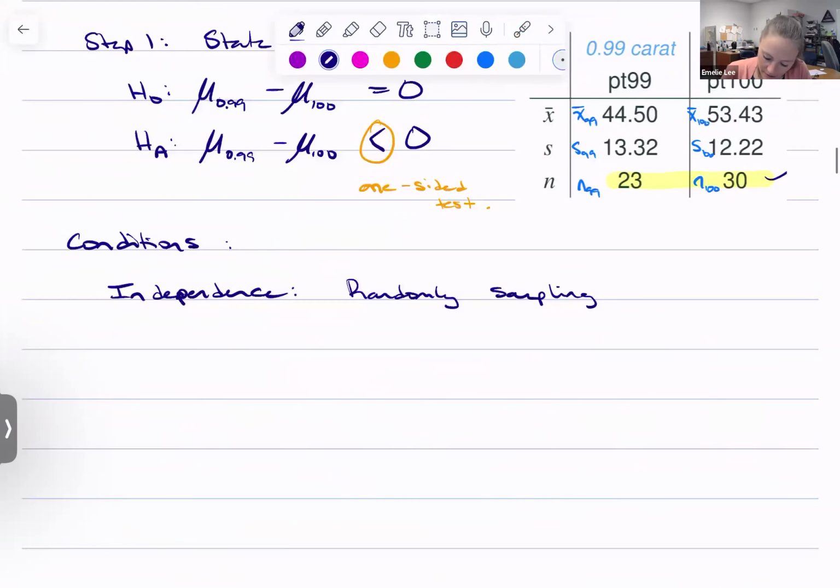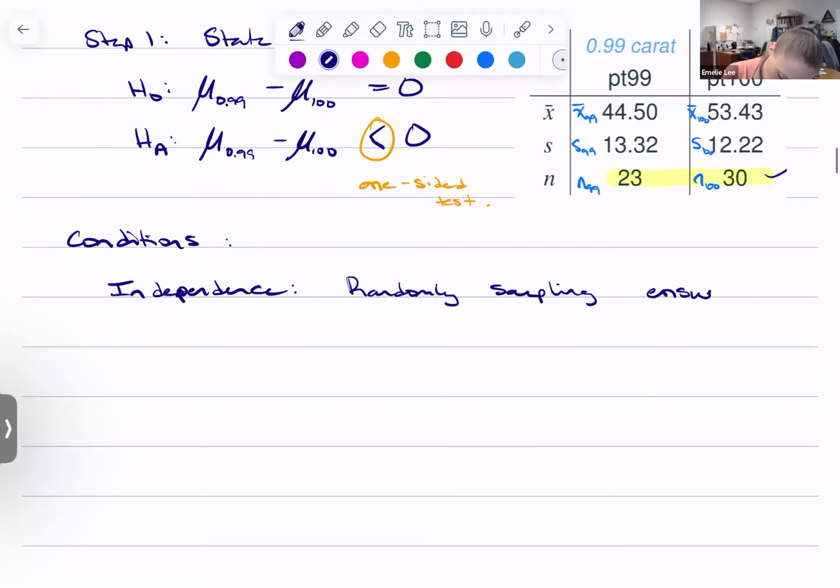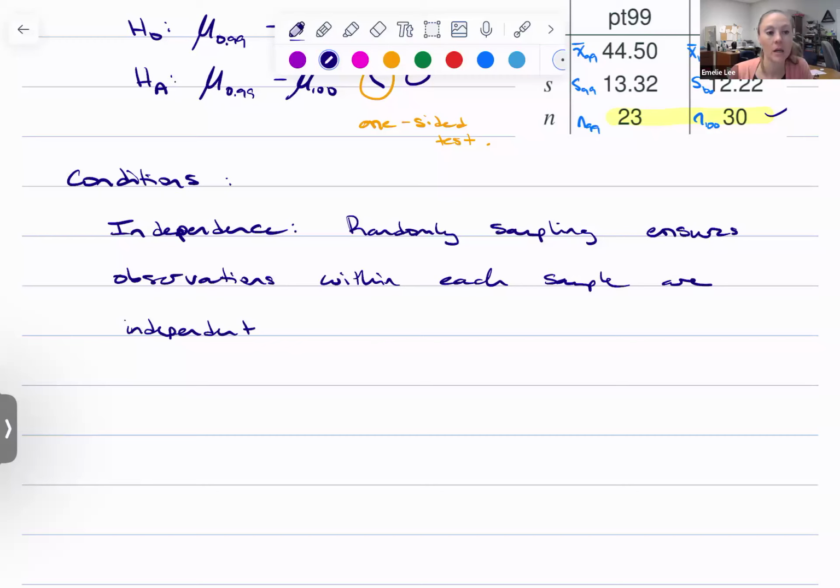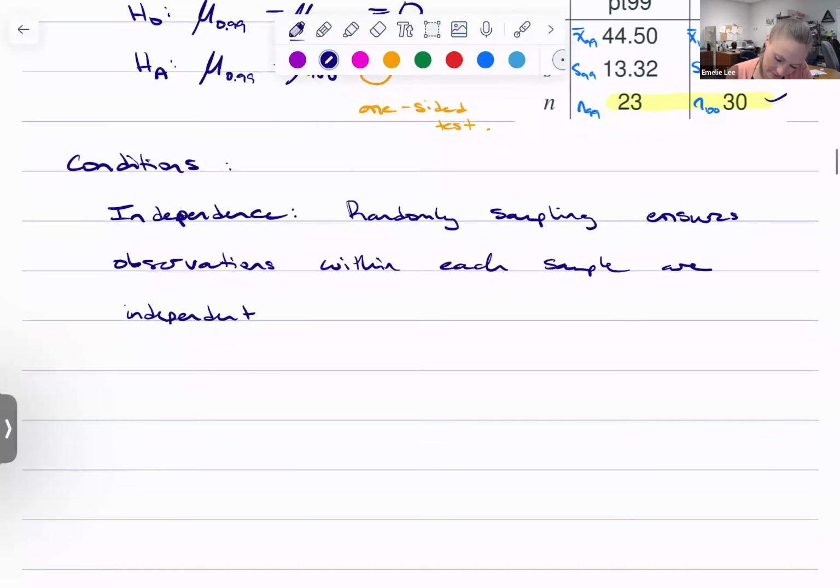Randomly sampling ensures observations within each sample are independent and that our 2 samples are independent of each other.